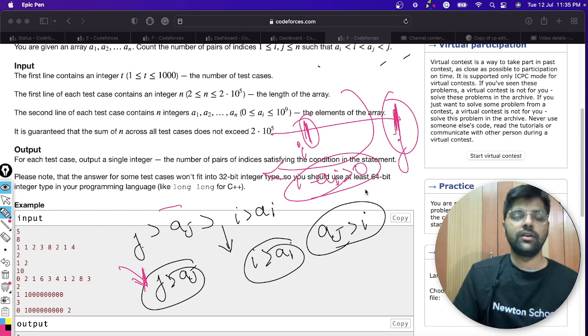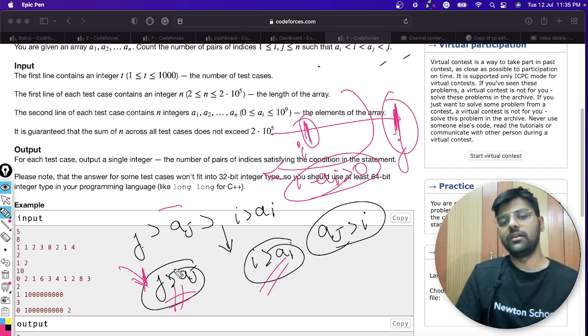Then I will check, on the jth position, if this condition does not hold, then I will continue, else I will go inside the loop.